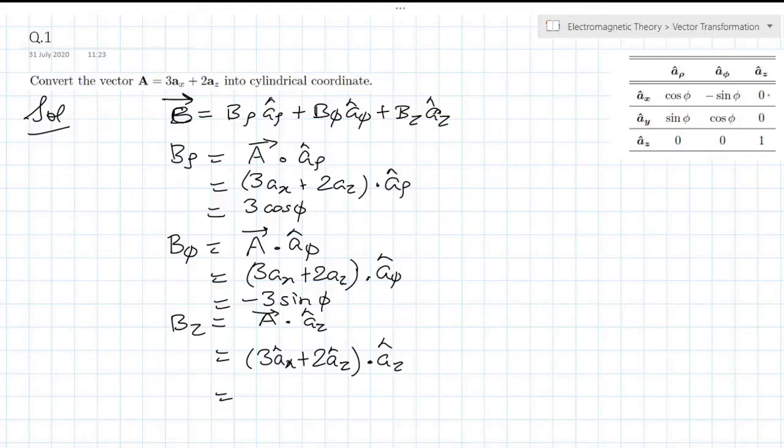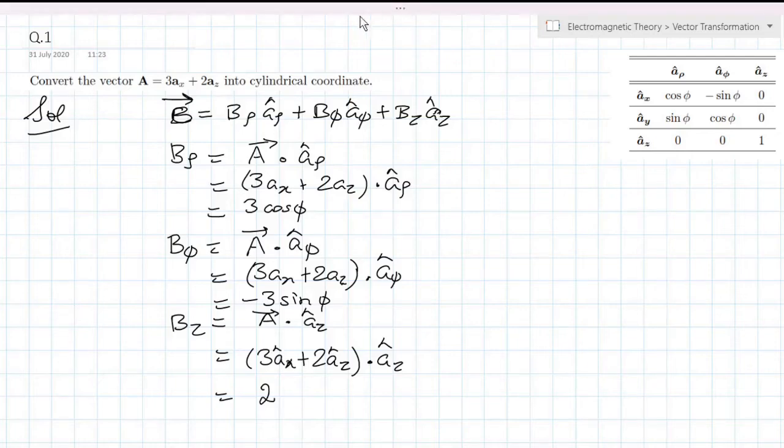So the first row and the last column is 0. So this will be 0. And az dot az, because az and az both are the same vectors, they are in the same direction. So this last row and the last column will be used. So the answer would be 1. So the remaining term will be 2.